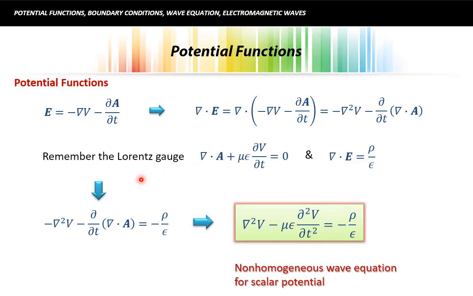Using this, we can write down the following relation, which further reduces to del squared V minus mu epsilon del squared V over del t squared is equal to minus rho over epsilon. This is the non-homogeneous wave equation for the scalar potential.